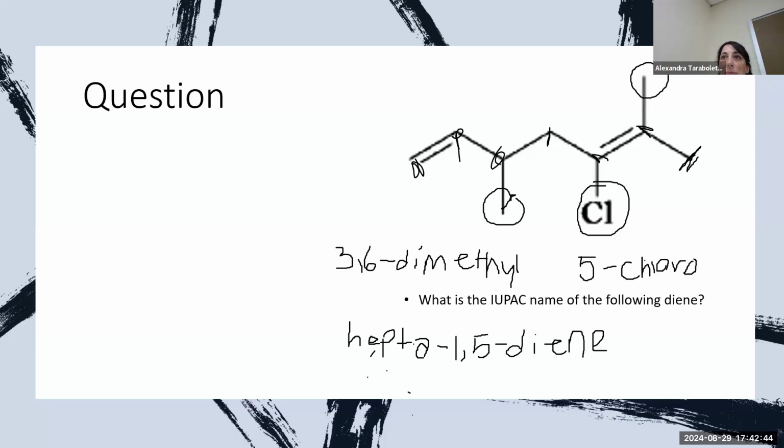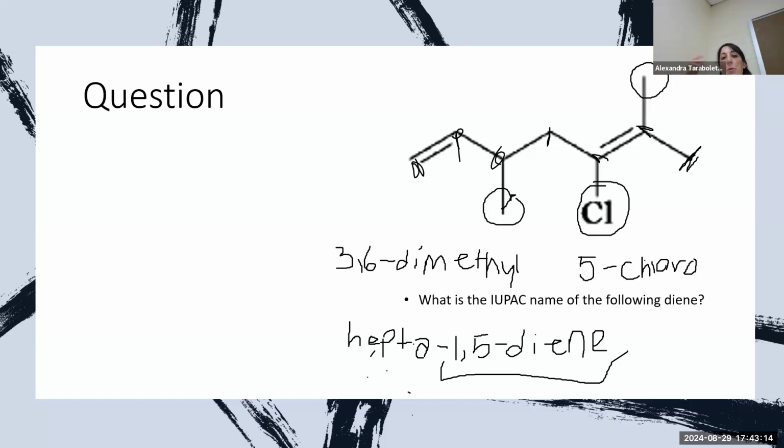Could you also do 1,5-heptadiene, or do you have to put it in the middle? Good question. I do it this way just because this is the IUPAC way, but it is acceptable, and I always accept it, when you are naming any functional group that is part of the parent name, like in this case where the ene is part of the parent name. You can put the numbers in front of the parent compound name.